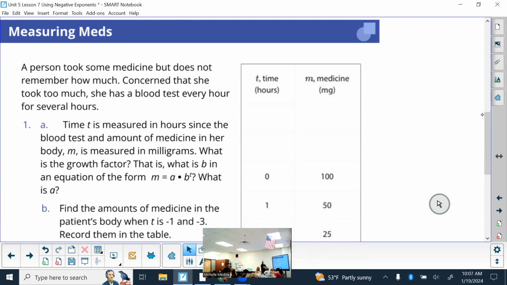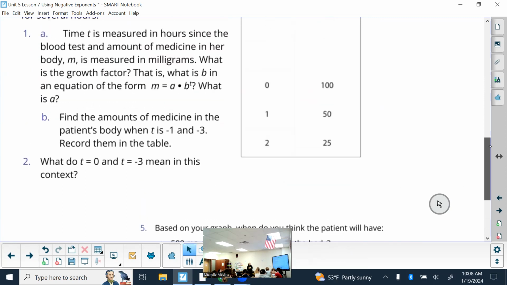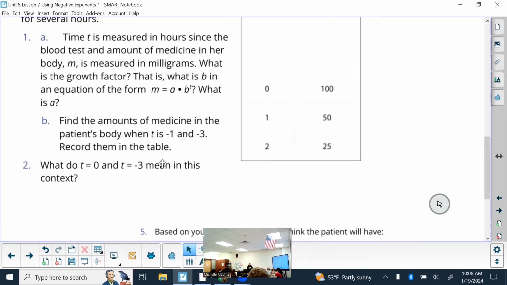That's the only thing that's different. Sketch a graph on this blank one based on what your table of values would say. Questions on that? And also explain what t equals 0 and t equals -3 mean in this situation.